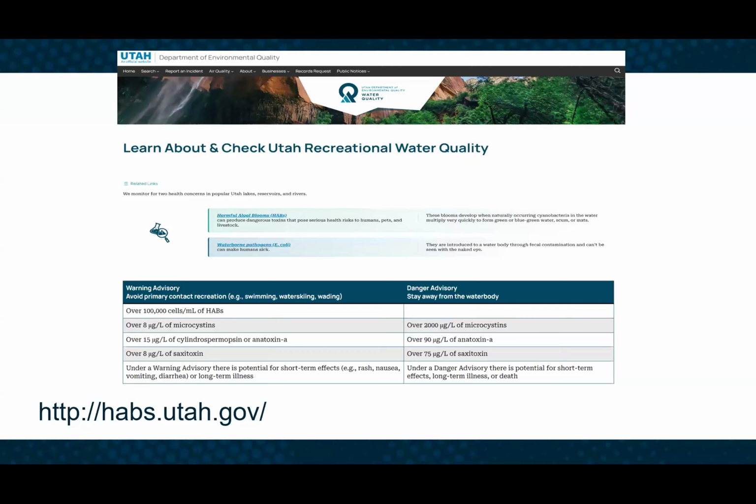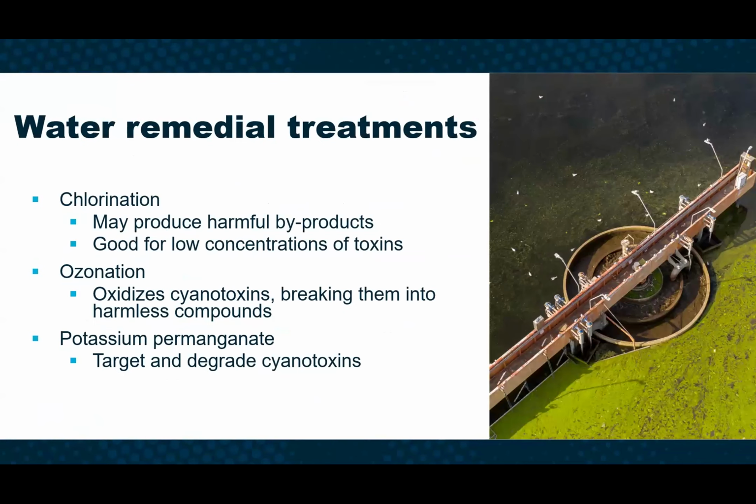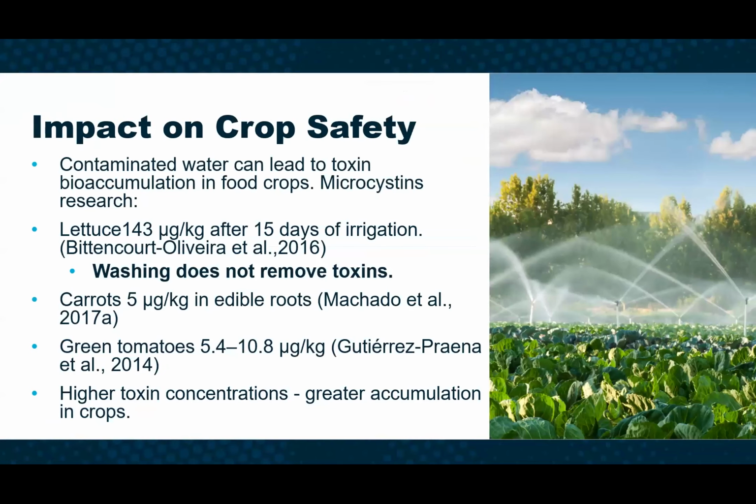We have a couple questions here, Jose, in the Q&A. One you've maybe indirectly answered, but it is, have studies been done for crops and irrigation? Is there research related to that? Yes, the biggest amount of research has been done to see if the toxin bioaccumulates in the produce.